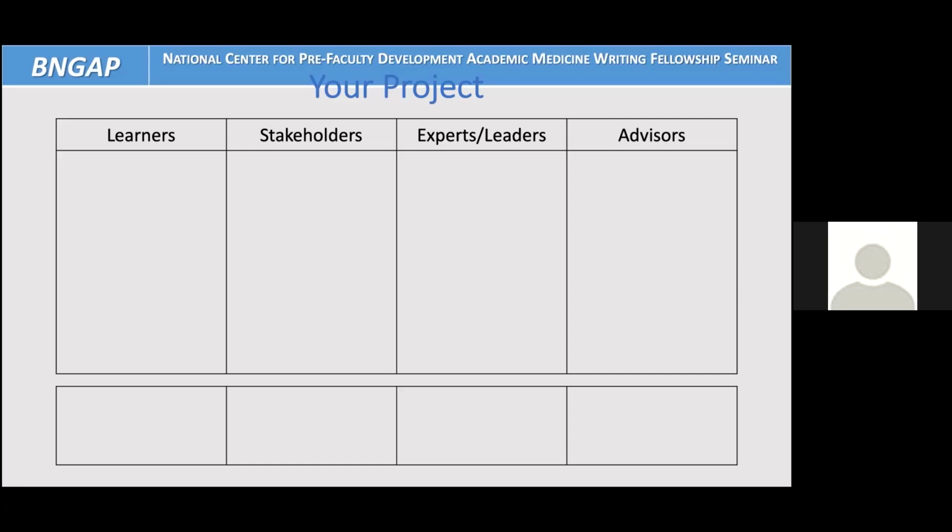Using that as a case, and then flipping the room and giving the learners the opportunity to come up with their own case, and then teach that back to the workshop instructors.